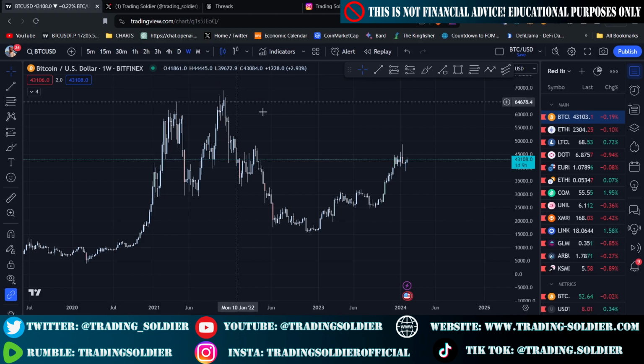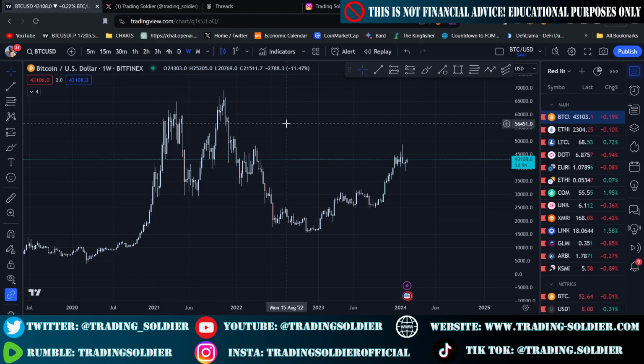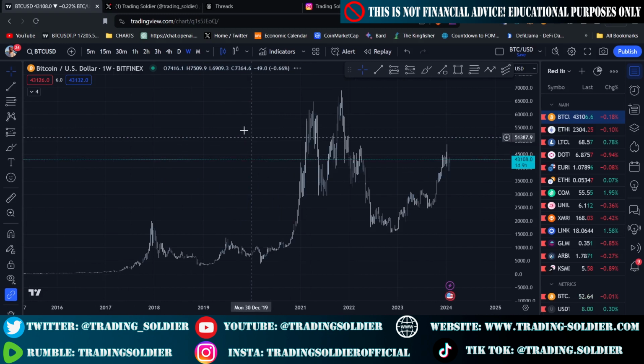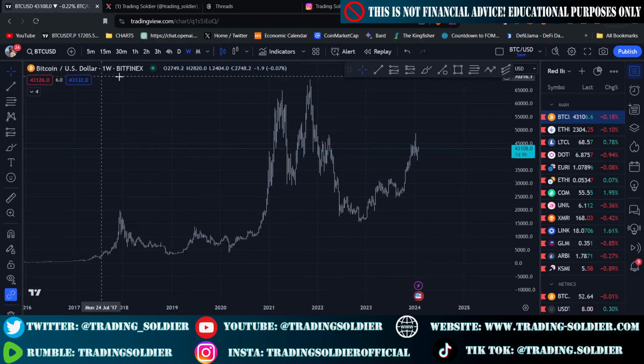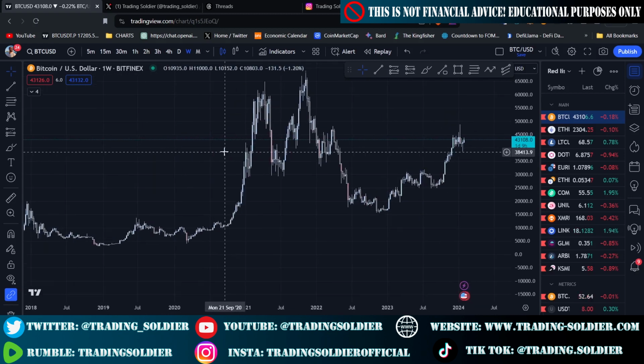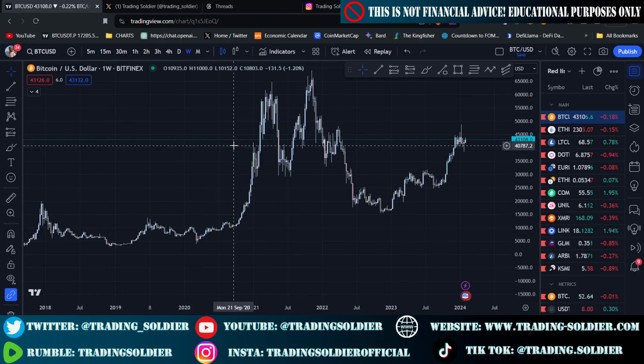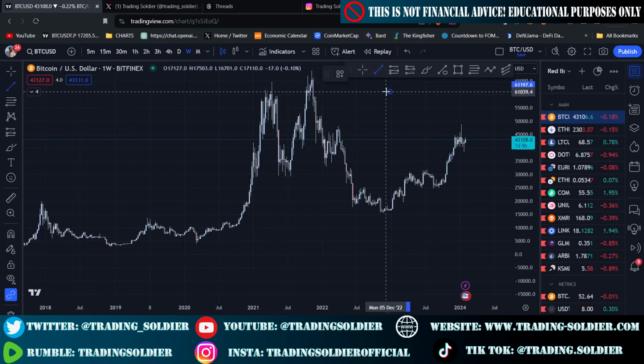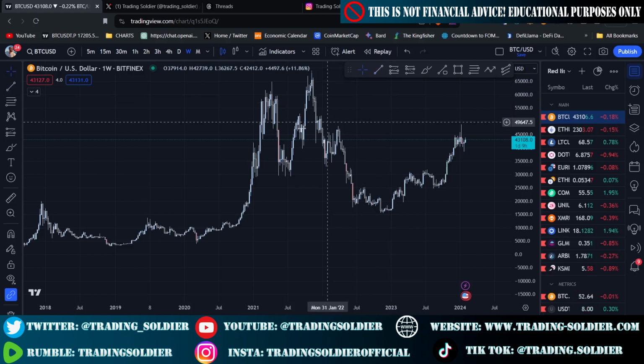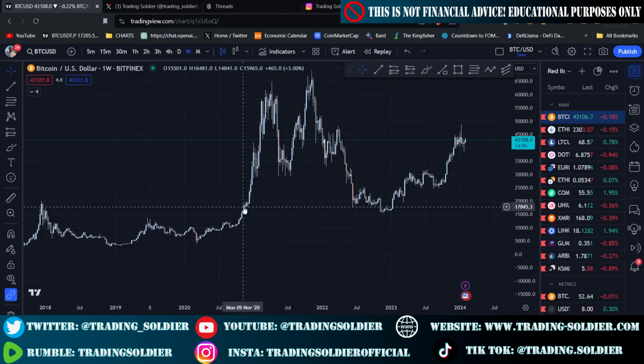So what should I look for to identify a level as support or resistance? Now, in the weekly time frame on Bitcoin USD, we are going to do an example. We want to search for wick or candle rejections on one side or the other.